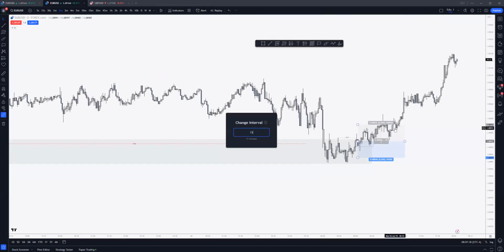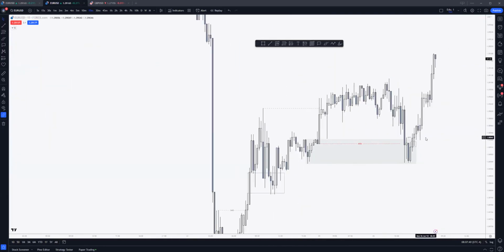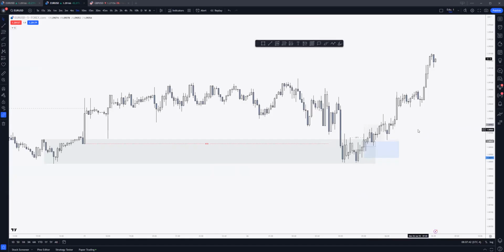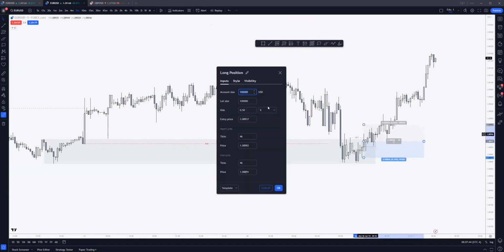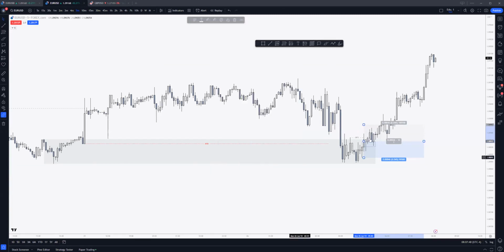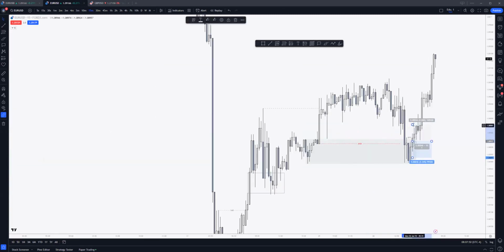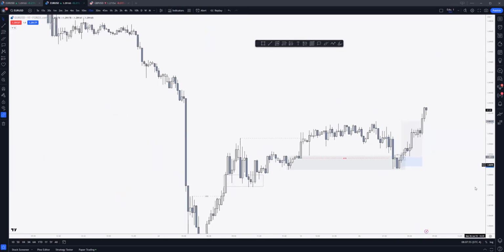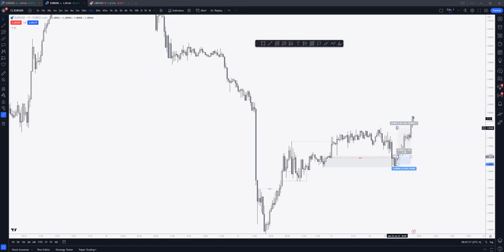And then what you would target is that high, right? And here you have some more imbalance to fill. So for me, I'd probably target up in here, or at the bare minimum up in here, right?